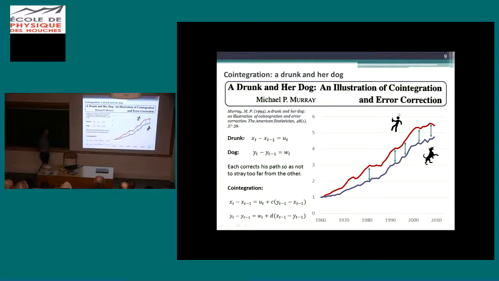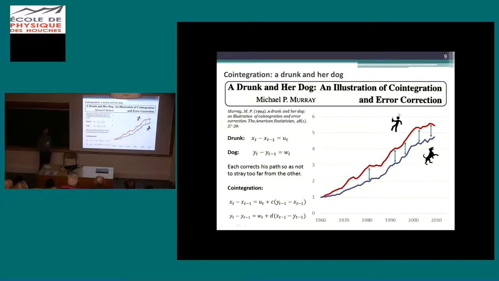I don't know why it's a woman, but basically both the drunk and the dog, for different reasons, follow random walks. They are non-stationary variables. The best way to predict where the drunk will be in a moment is where he is now. You cannot rely on a constant mean or constant variance.